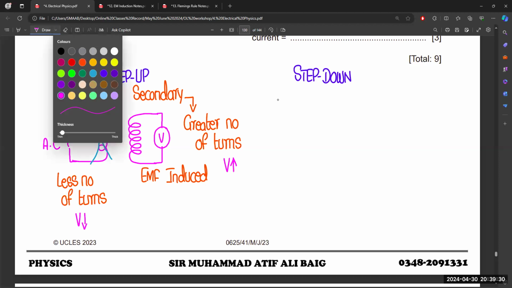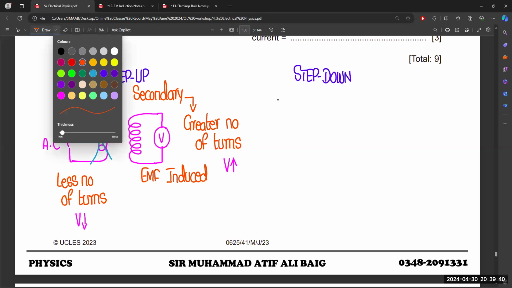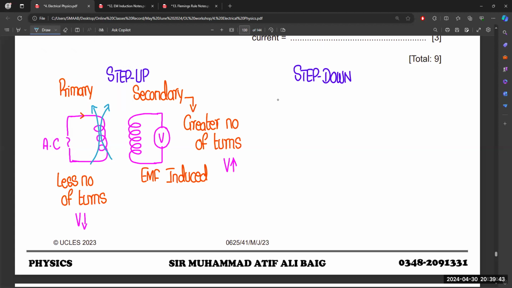So that's why it is called a step up transformer, because it converts the voltage into high. And step down works in the opposite way. In the primary coil, you will get, sorry, a greater number of turns, like this. This time we have a greater number of turns in the primary coil, and in the secondary coil we have fewer turns.